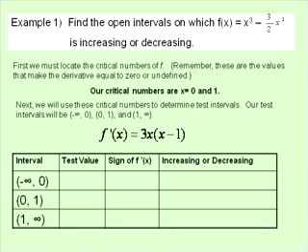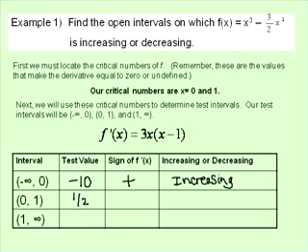So for example, on the interval from negative infinity to 0, a good test value might be negative 10. If I replace the x in the derivative with negative 10, 3 times negative 10 would be a negative, negative 10 minus 1 would be a negative, and a negative times a negative is a positive. So on this interval, f of x is increasing.